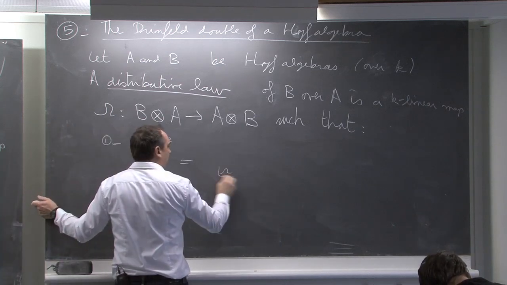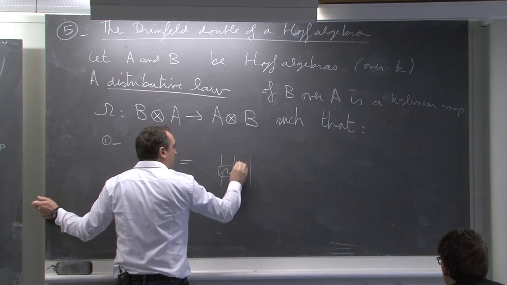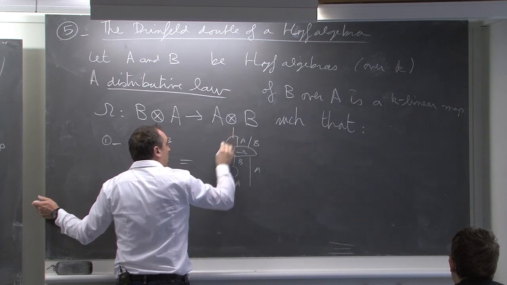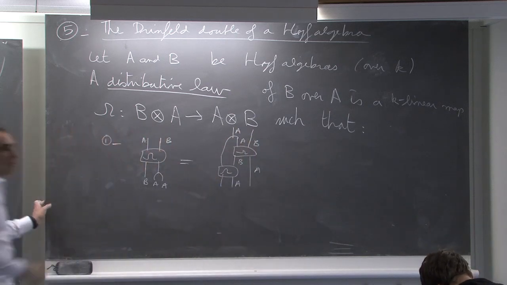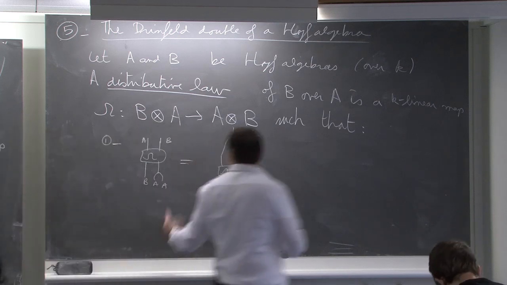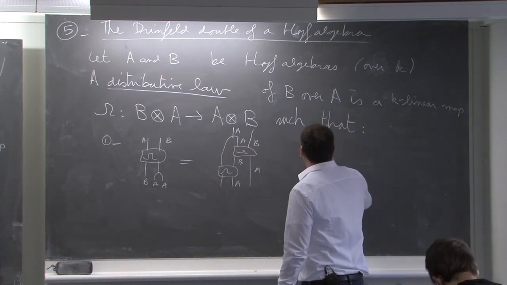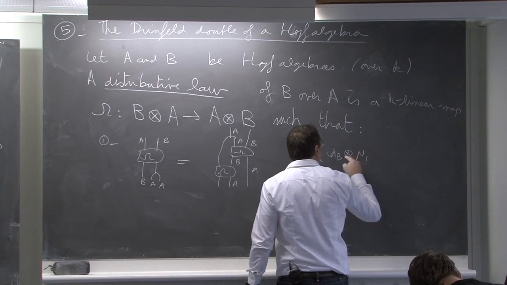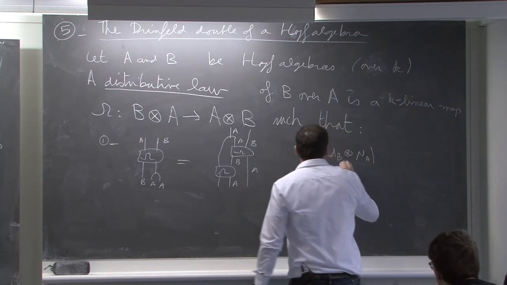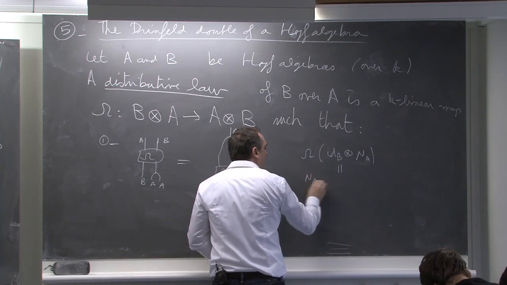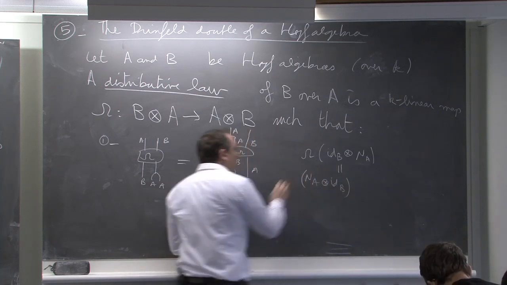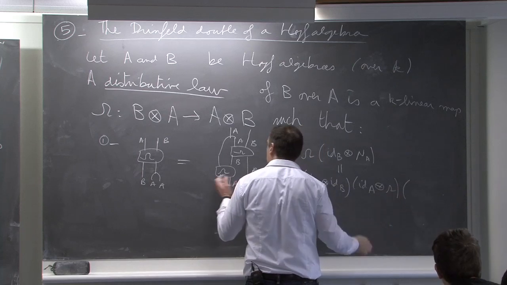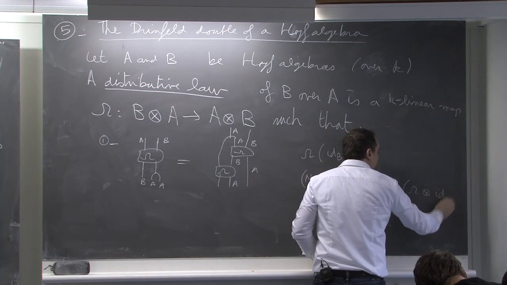I can just first say omega of A, B. If I want to write in usual terms, this is omega composed with the identity of B and the multiplication of A, is just the multiplication of A, the identity of B, composed with the identity of A tensor omega, and omega tensor the identity of A.